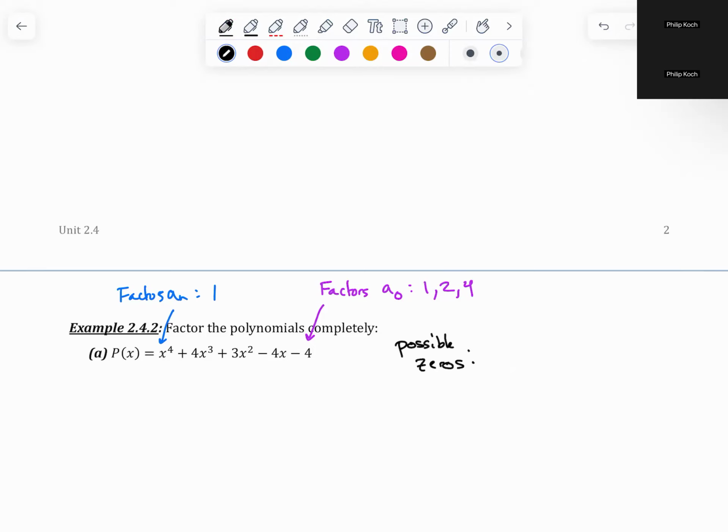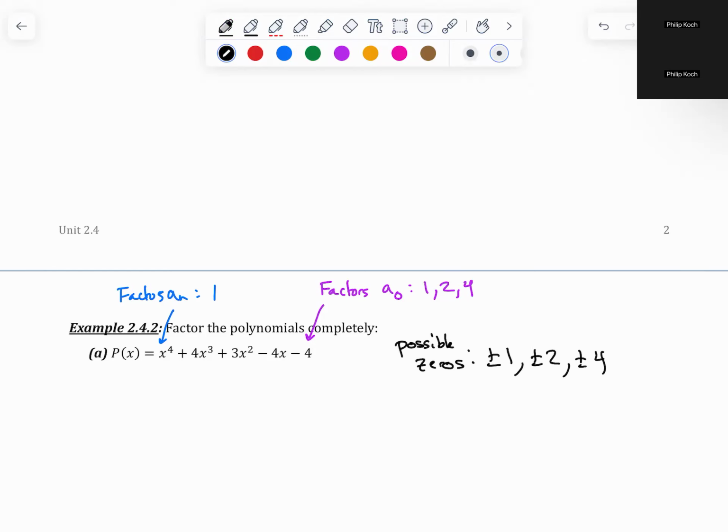So the possible zeros are a sub 0 factors over a sub n factors: plus or minus 1 over 1, which is 1, plus or minus 2 over 1, which is 2, and plus or minus 4 over 1, which is 4. So we only have to check 6.